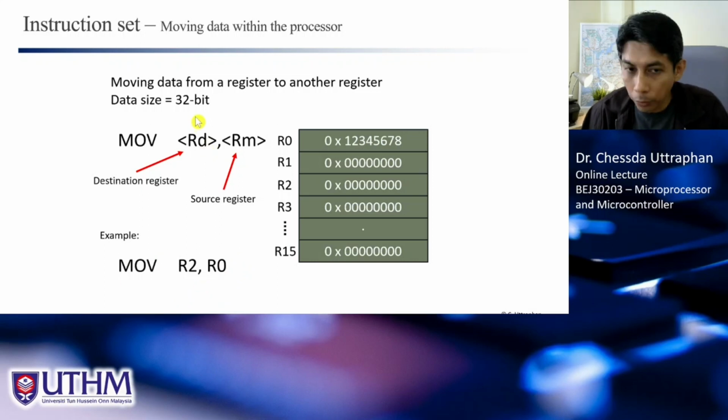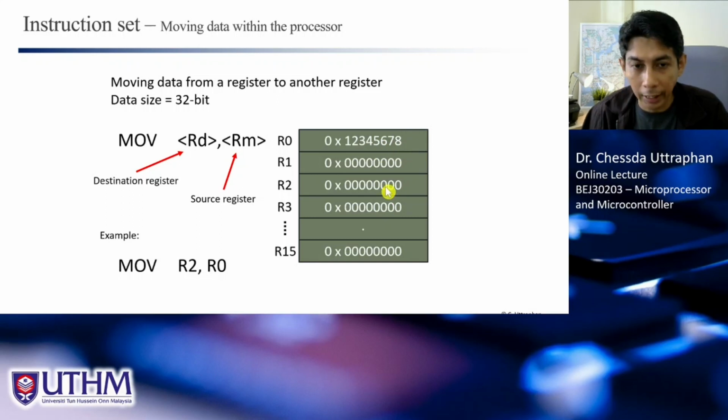Means that if you want to move data, you will move all the 32-bit data into the new register. You cannot move only one byte or half word. All right. So you need to move word of data. Some microprocessors have the feature to move byte, only one byte of data from R0 to R2, for example, or half word data to R2.